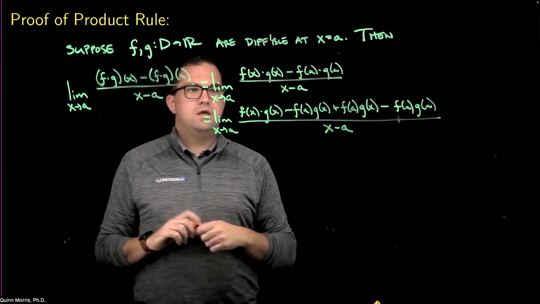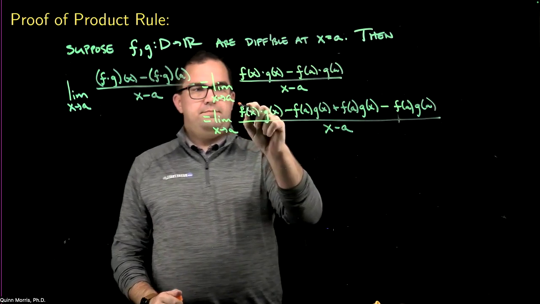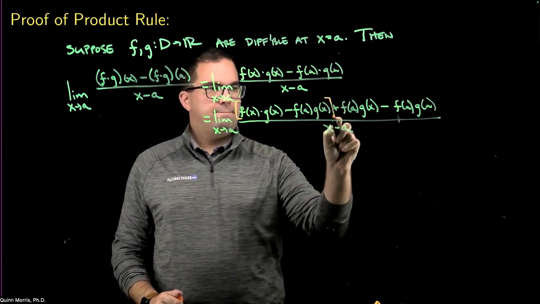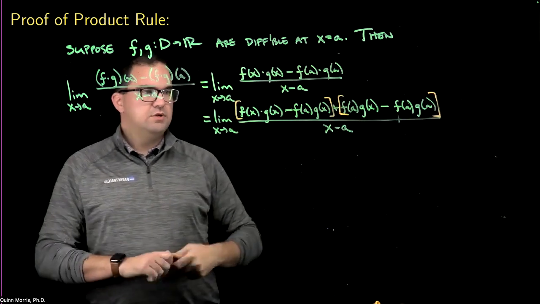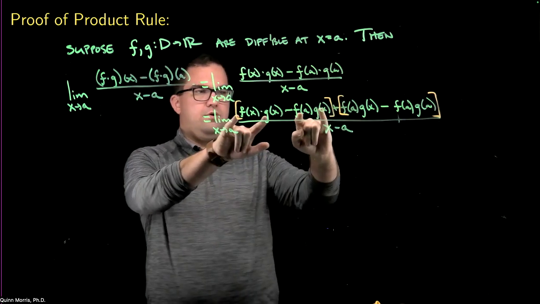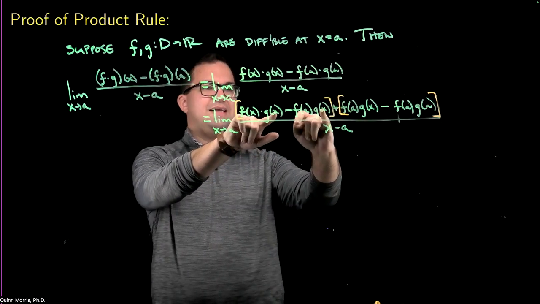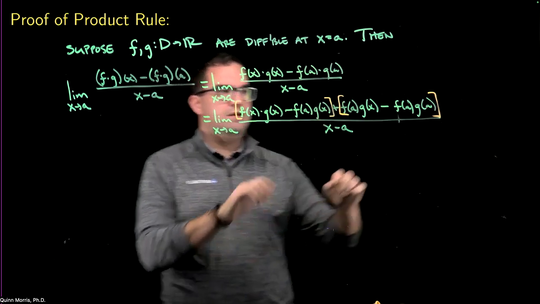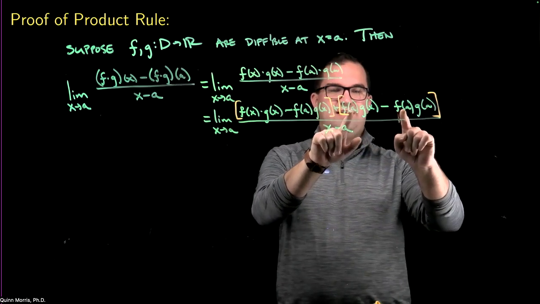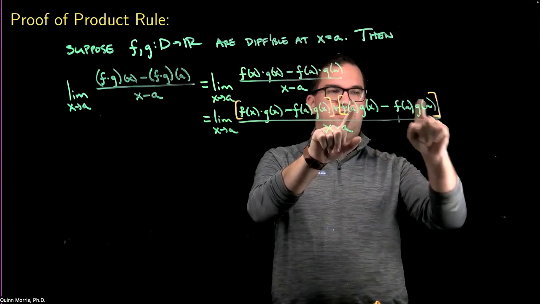Okay. But now if I group these terms and these terms, notice in these two terms, g of x is fixed. f of x is changing from f of x to f of a. Over here, f of a is fixed, and g of x is changing from g of x to g of a.